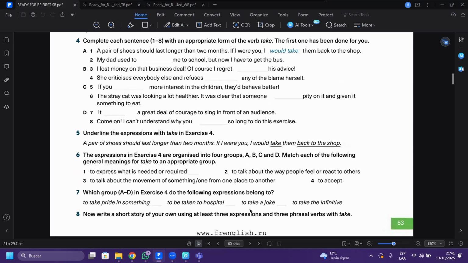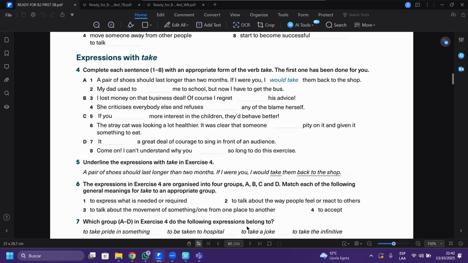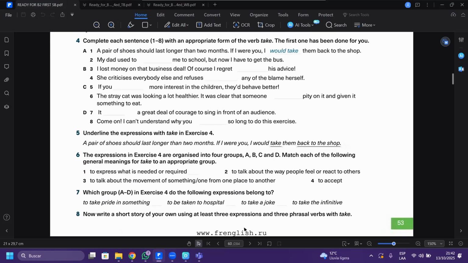So now, to make sure that you have really understood all of this, I need you to give me a short sentence using the following phrasal verbs that I'm going to tell you, right? Can you tell me a sentence using the phrasal verb take on?